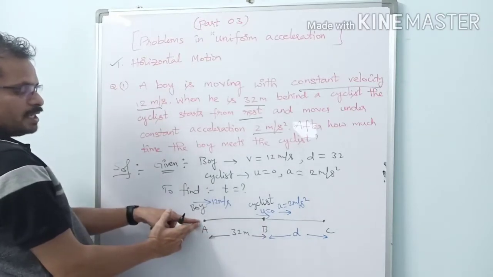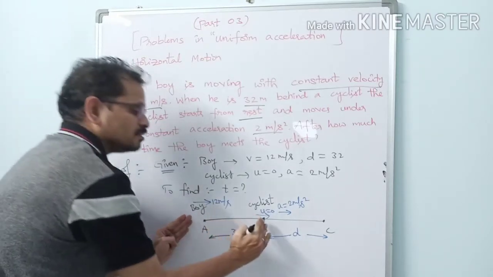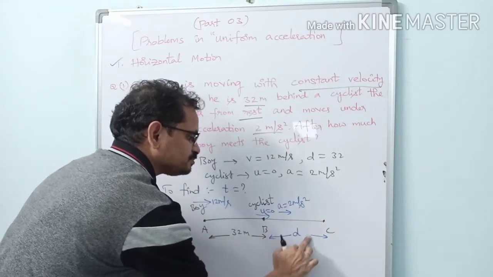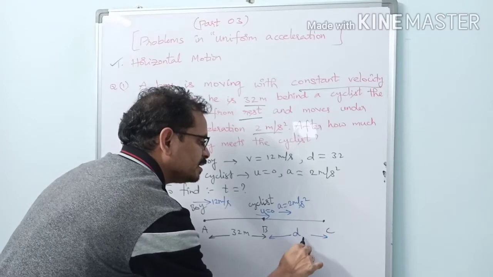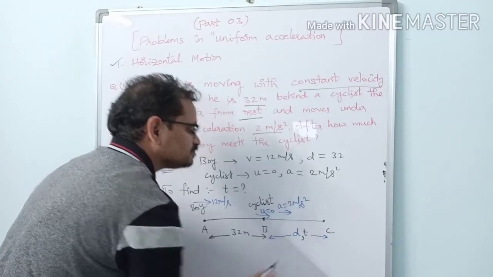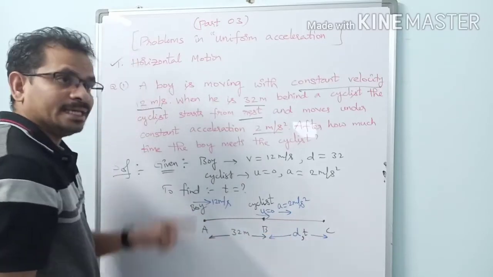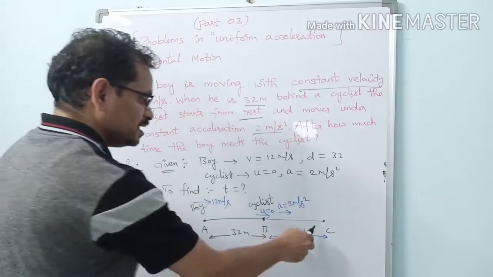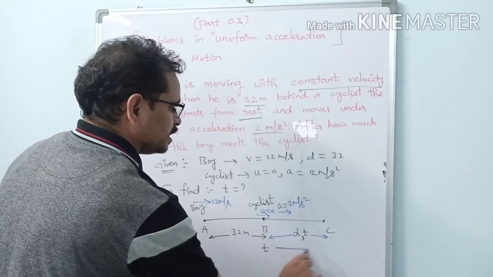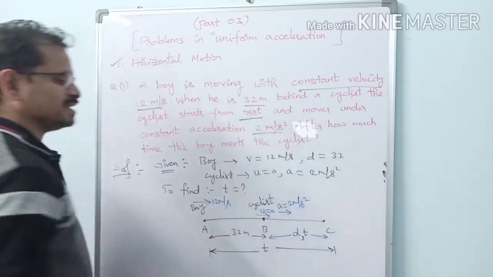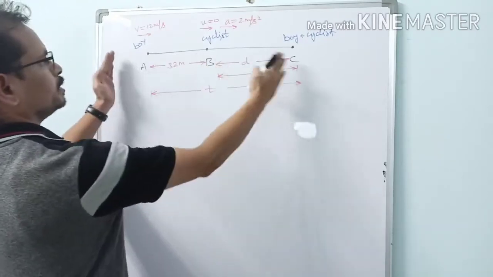When the cyclist reaches point C from point B, let him take time t seconds. In that same time t seconds the boy has to reach point C. So the time taken for the boy to reach point C is also t seconds.